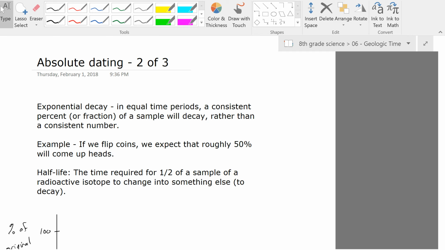So as an example, when we flipped coins in class, we started with all our coins head side up. We flipped the coins, and then the ones that came head side up, we flipped them again. We're not always going to flip the same number of heads, but we should get roughly 50% of all the coins that we flip coming up heads.